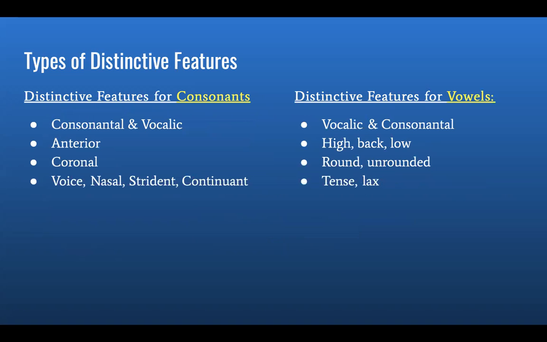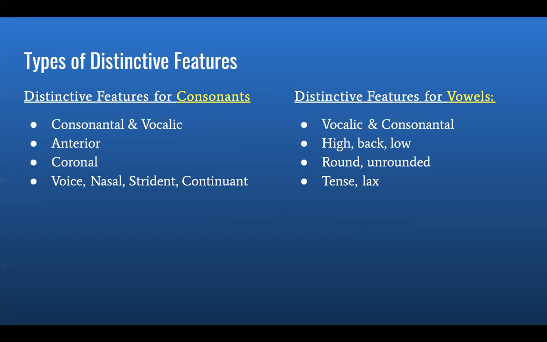So there are many different types of distinctive features. We use distinctive features to classify consonants and to classify vowels as well. Some distinctive features that we use to classify consonants include consonantal and vocalic, anterior, coronal, voice, nasal, strident, continuant.